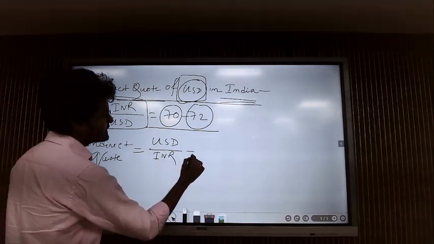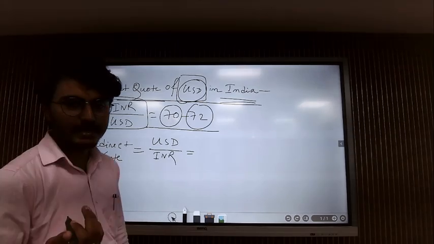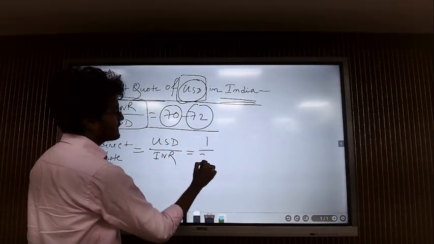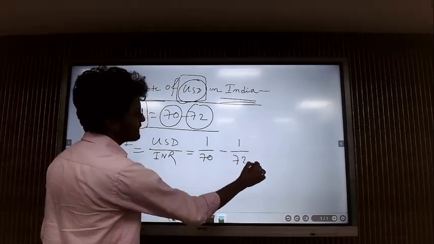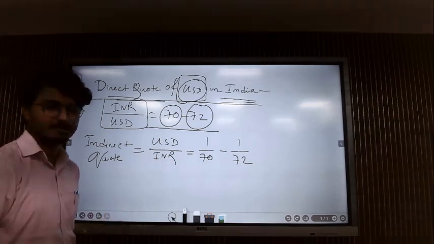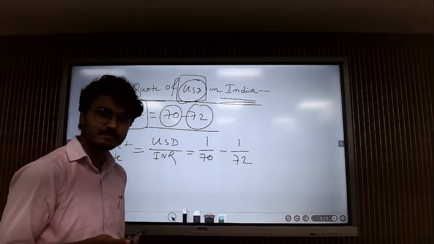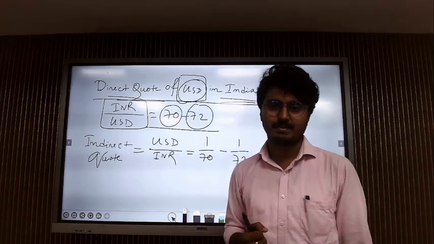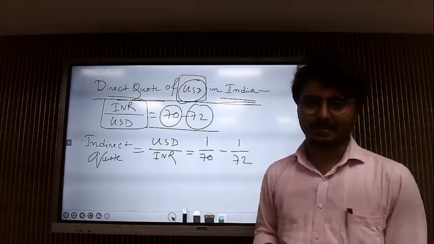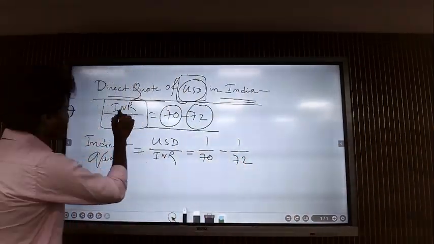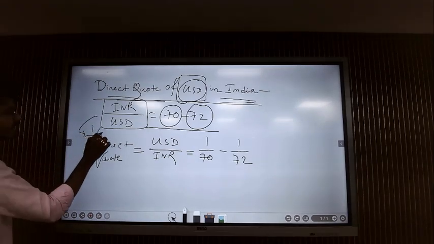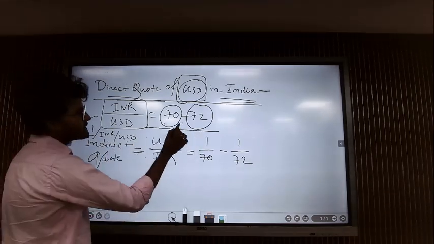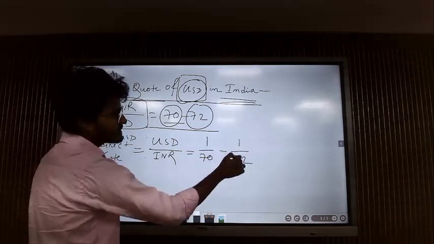In a casual, nutshell idea, we just say 1 by 70 and 1 by 72. But this is wrong. How do we check this is wrong? Because you are all human beings, man-made mistakes happen. So this is INR by USD, and then 1 by INR by USD, that means USD by INR. So instead of 70, 1 by 70, and instead of 72, 1 by 72.